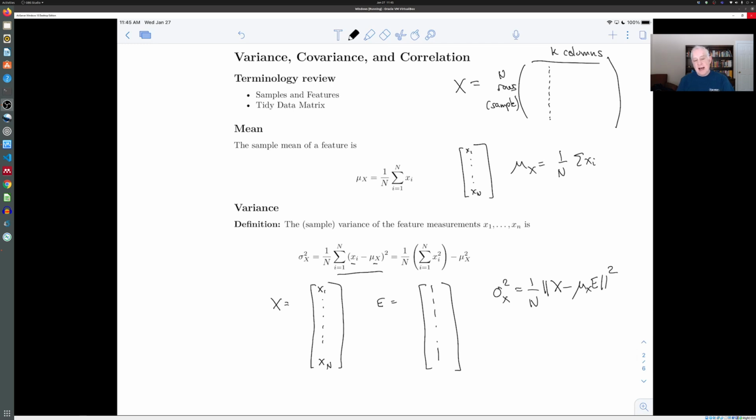So that's why it gets the label, the sample variance. These x1 up to xn are just particular samples out of a universe of possibilities, and we're going to take the variance of that sample. I may not always say sample, but in the context where we're dealing with specific measurements, and I say variance, I mean the sample variance. We're not making any assumptions here about an underlying probability distribution.